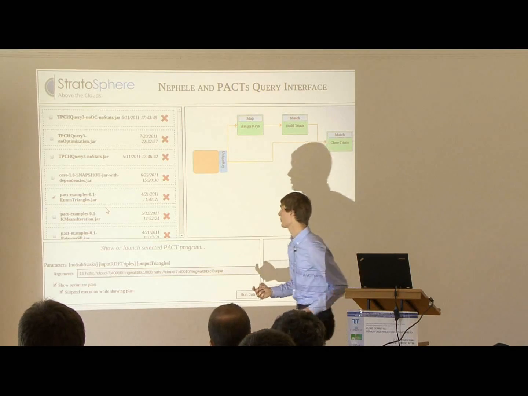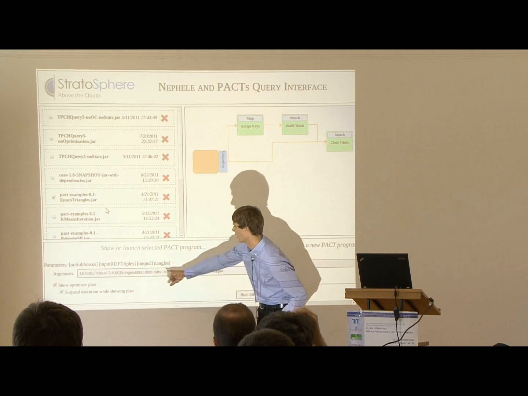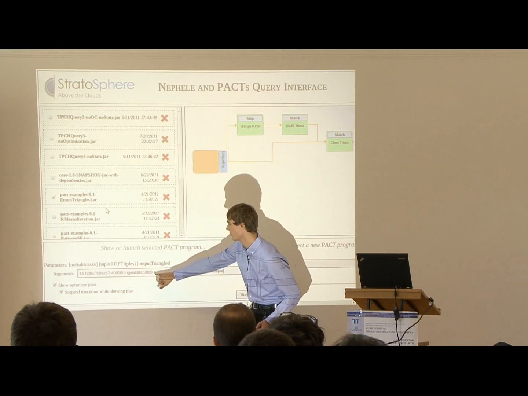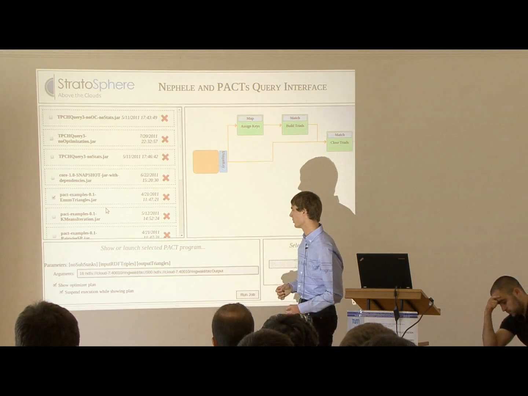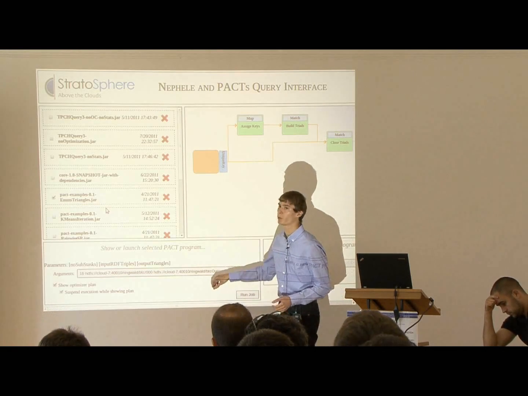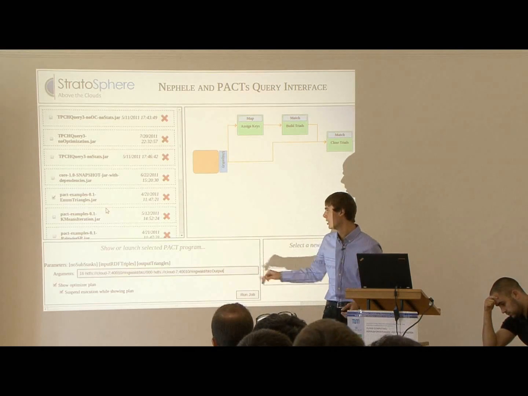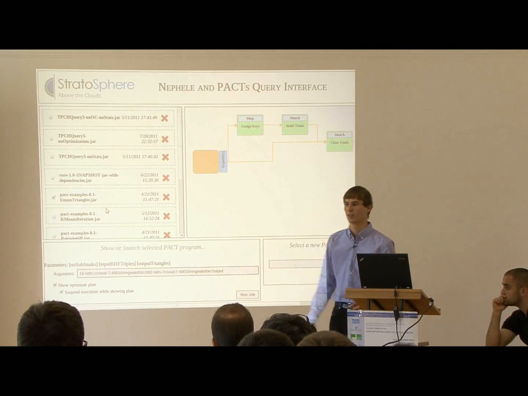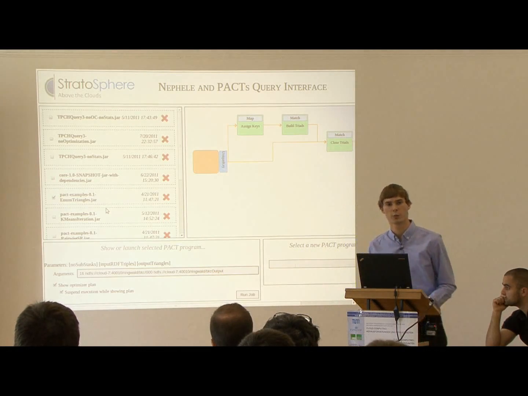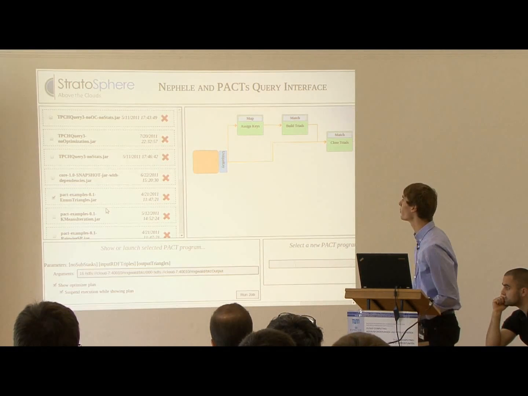Also we see an input file which consists of the edges we want to combine to triangles, and an output file where we've written the triangles to. These paths are in an HDFS file system, the Hadoop distributed file system, which you have heard about earlier.